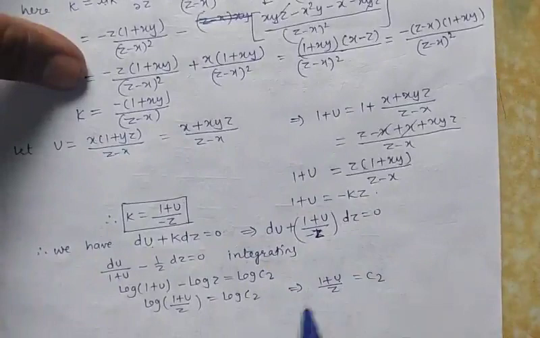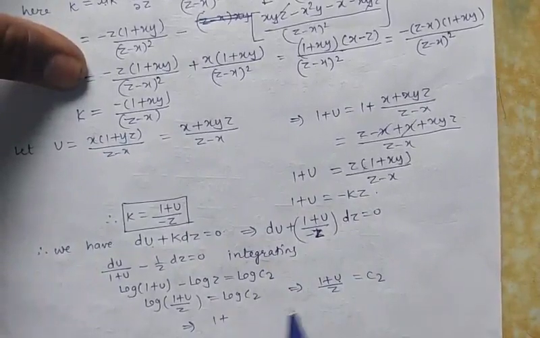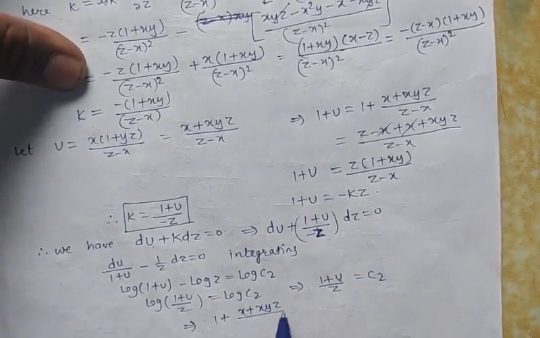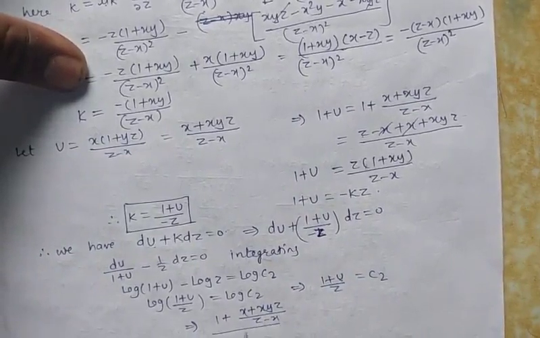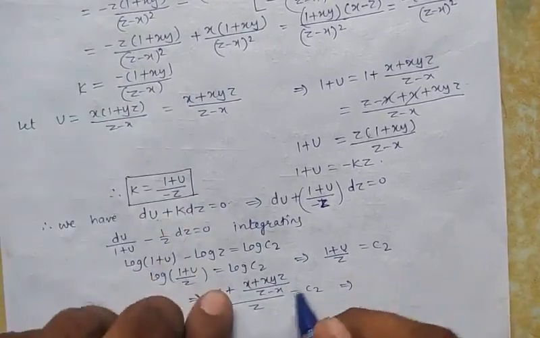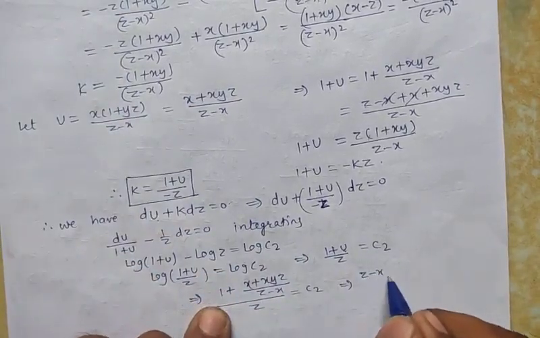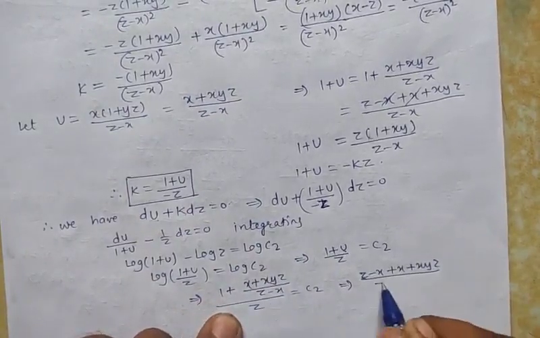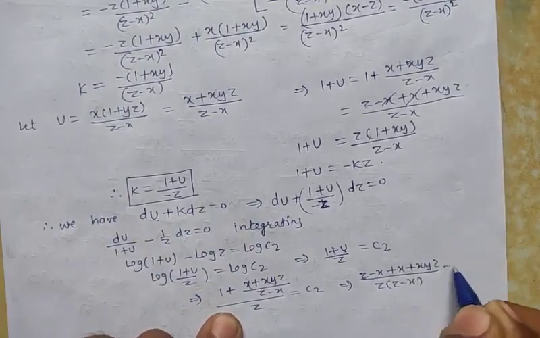So substituting this value we get 1 plus (x plus xyz upon (z minus x)) upon z is equal to c2. After solving this, taking cross multiplication, (z minus x plus x plus xyz) upon z into (z minus x) is equal to c2.